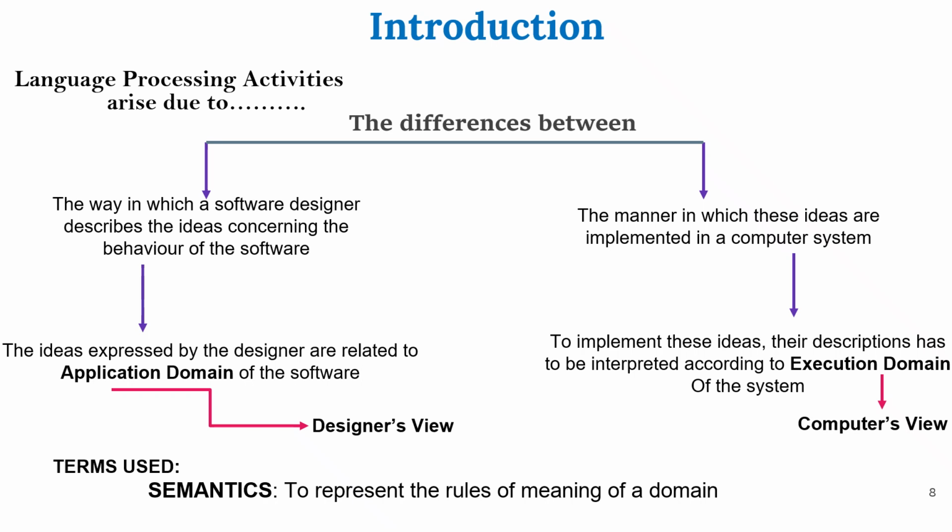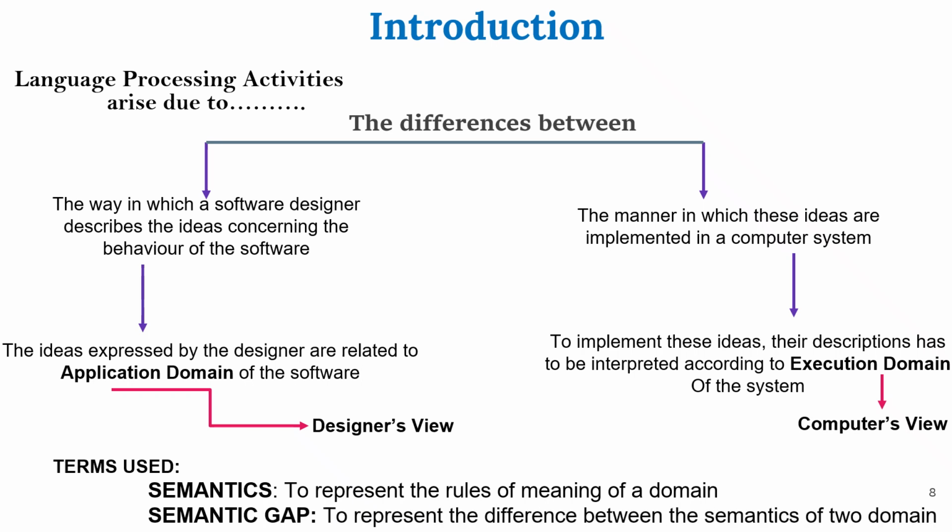When I'm talking about execution domain, I am thinking about the way the statements will be written. The rules for writing the statements in execution domain are different, and the rules for writing the statements in application domain are different. इसको बोलते हैं semantics.